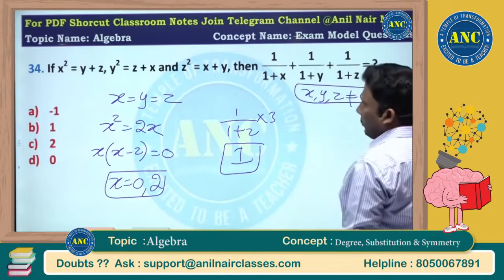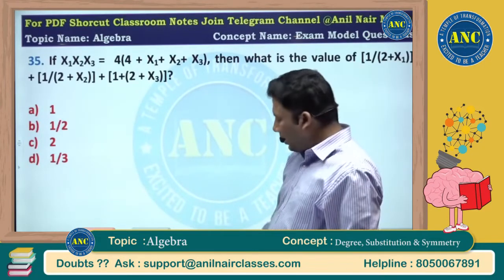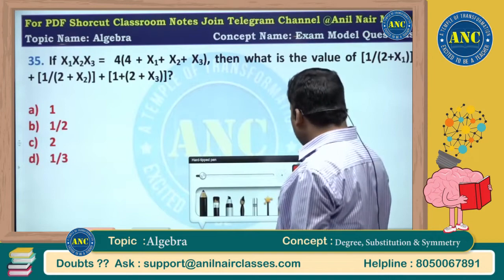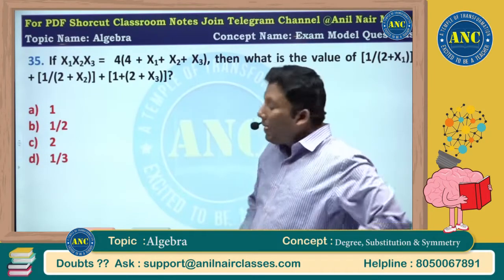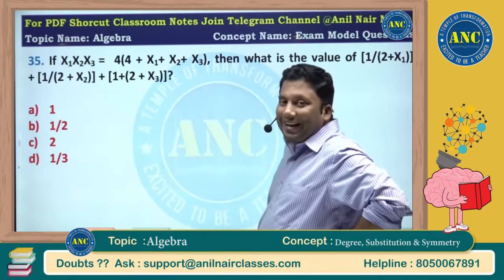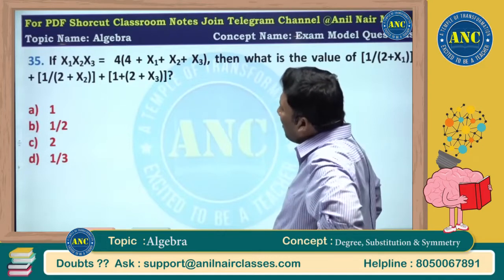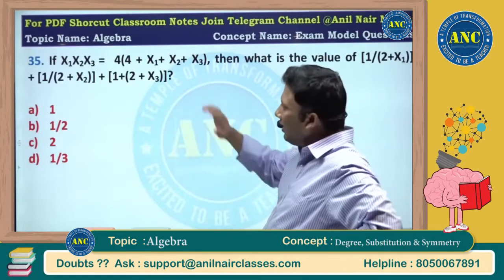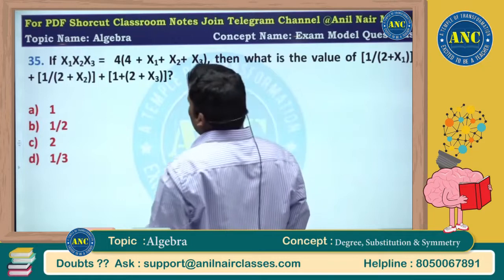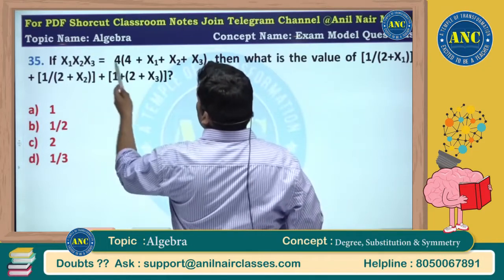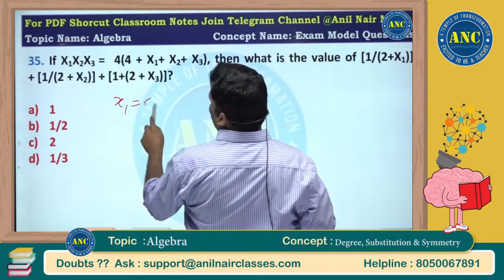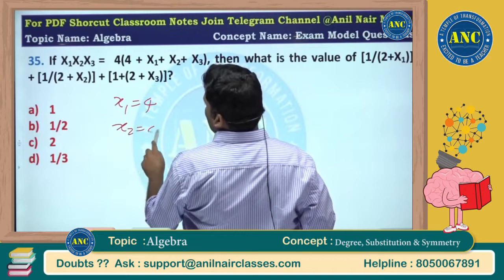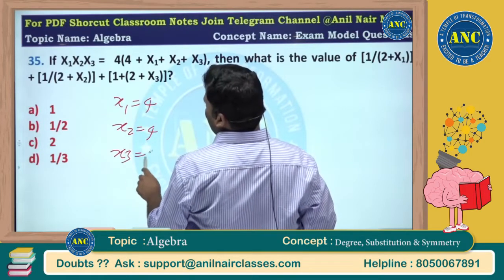Symmetric functions, if you get, consider yourself lucky. x1, x2, x3 equivalent to 4 into x1 plus x2 plus x3. Let us do it a little alternatively. If I put x1 4, x2 4, x3 4, am I getting the answer?